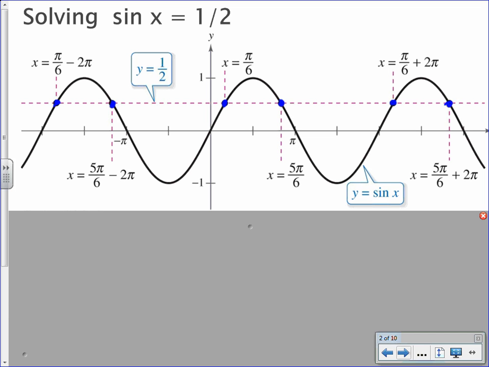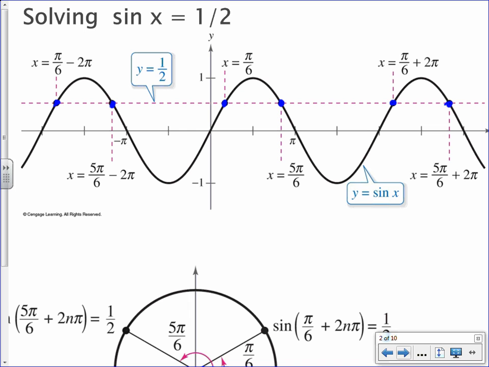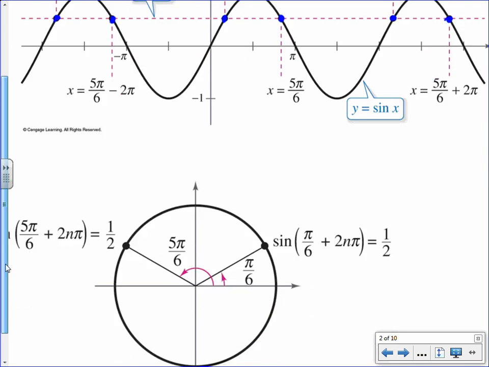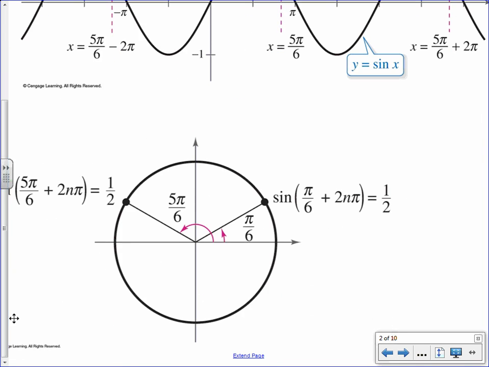Okay, let's think about the unit circle. We mentioned that at pi over 6, our sine value is 1/2, and at 5 pi over 6, our sine value is 1/2. Well, if we imagine rotating around the unit circle over and over again, whether in the positive direction or the negative direction, what's going to be true about our solutions? We're going to have a lot of them, aren't we?